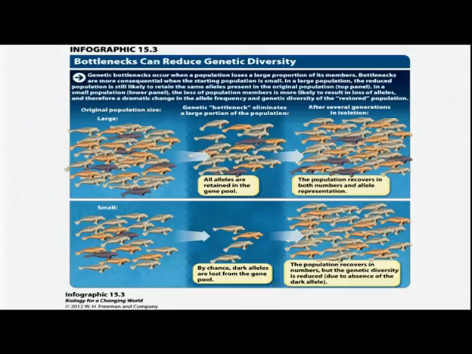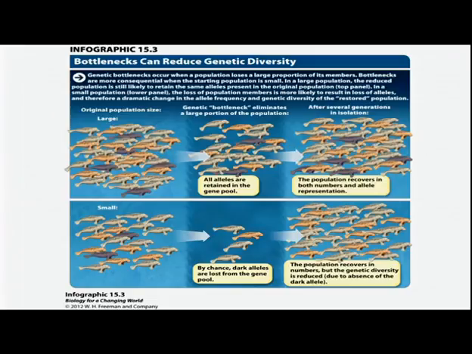Bottlenecks are very similar, okay? In some books, they treat a bottleneck like a founder effect. A bottleneck specifically is when you have a population and suddenly you have a crash in numbers, some starvation event, a major change in the environment, something that happens that takes a population of thousands down to teens or 50s, much smaller, right? 1 million to 50.